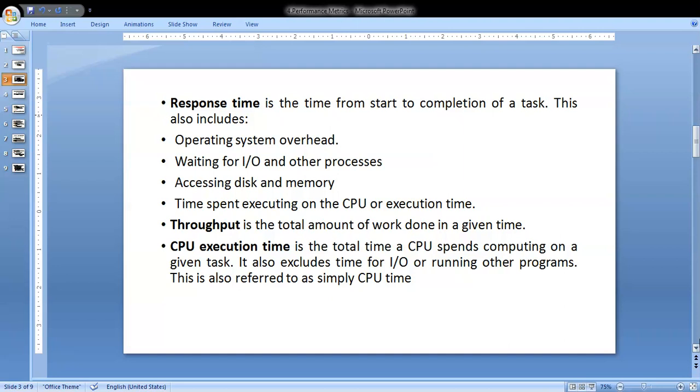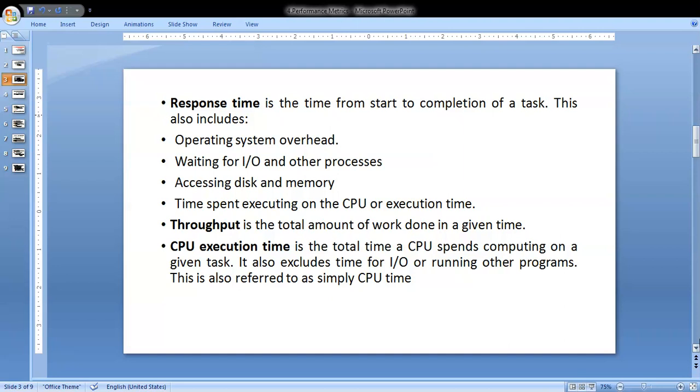Throughput is the total amount of work done in a particular period of time. Suppose the computer has been assigned a particular task of copying a particular file from one location to another location.